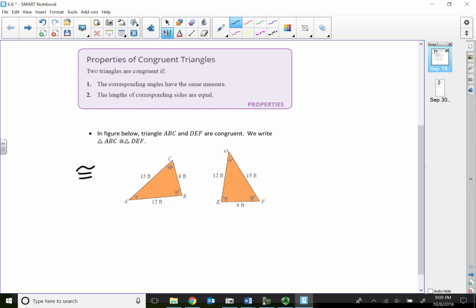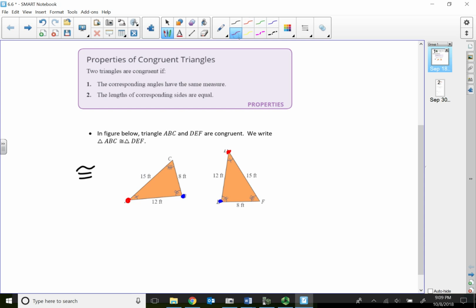So what that means is if we say these two triangles are congruent, the first thing is the corresponding angles have to match up. They're using these dashed lines here. Angle A, one dashed line, is congruent with angle D. B, two dashed lines, corresponds with E. So those two have the same measurement.